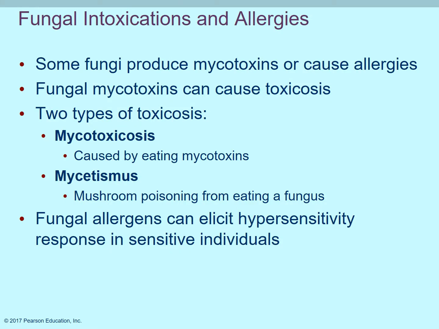Now, with some fungi, it's not so much that the fungus itself has to invade to cause a disease, it's that it's producing a toxin or it triggers an allergic response. So there are different types of what we call toxicosis, where either you ingest the toxin itself or you eat the fruiting bodies, such as the mushroom, and by eating the fungus, you're ingesting the poison.